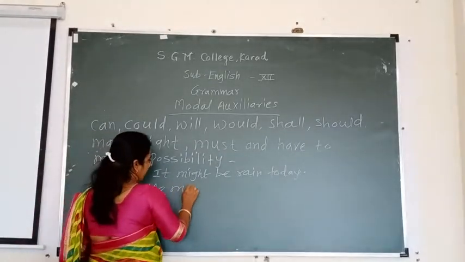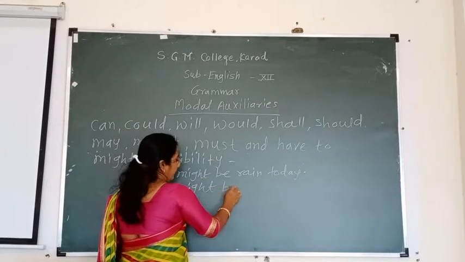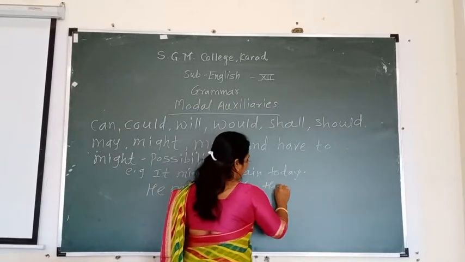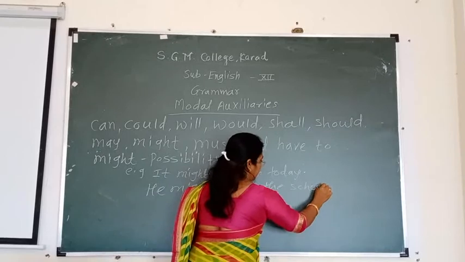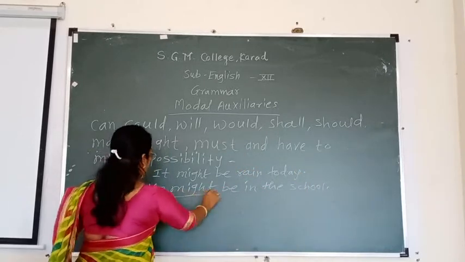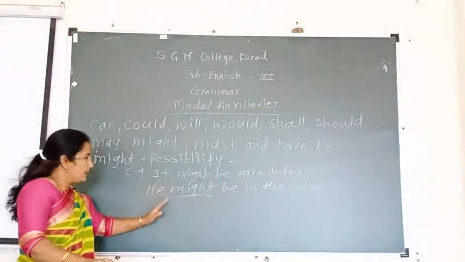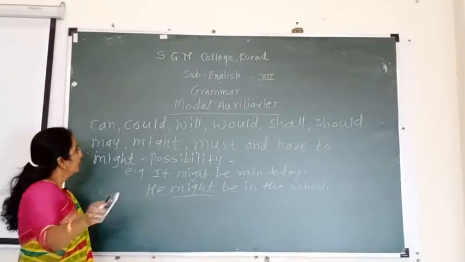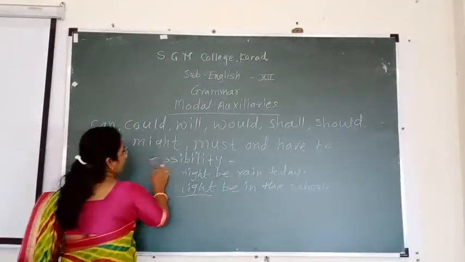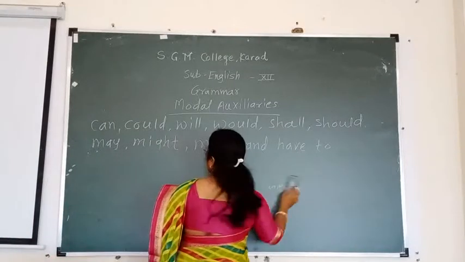He might be in the school, etc. Here, might also shows a possibility of his presence. Next modal auxiliary, must.